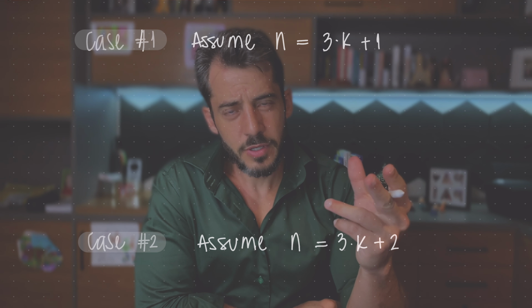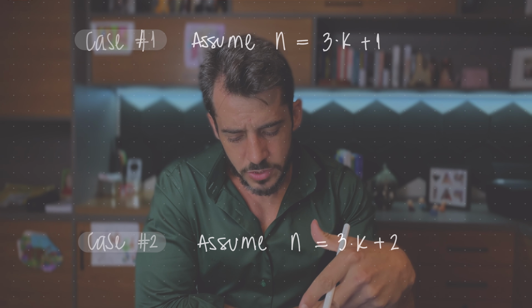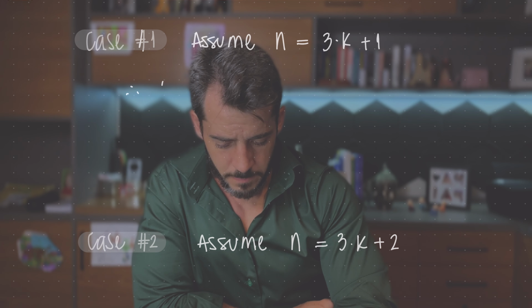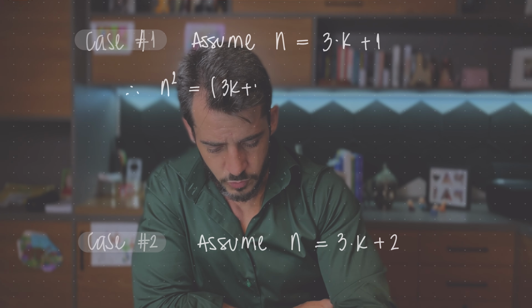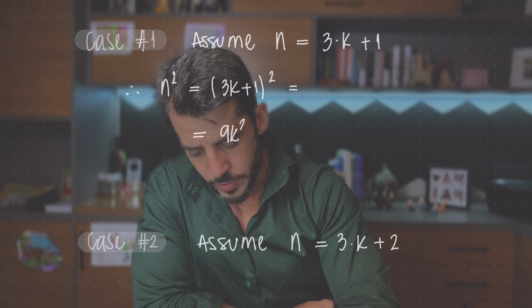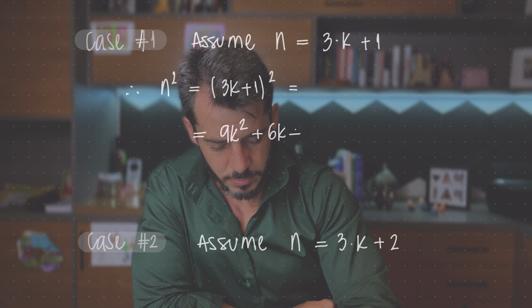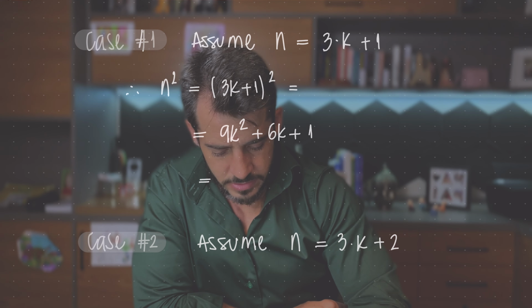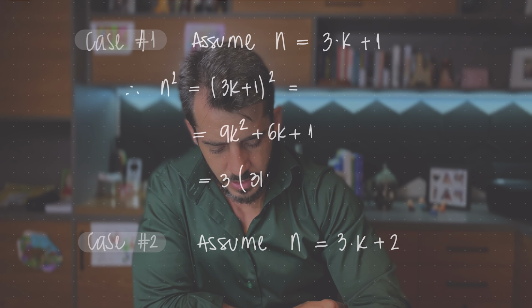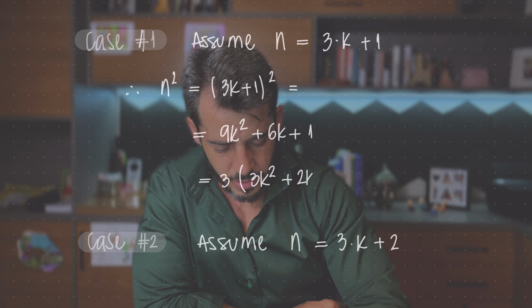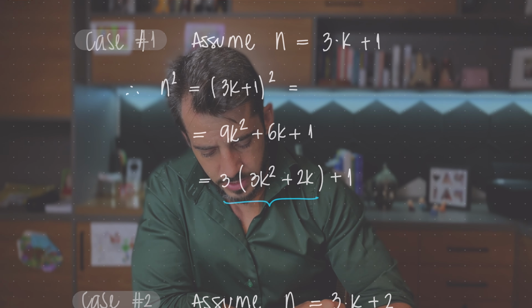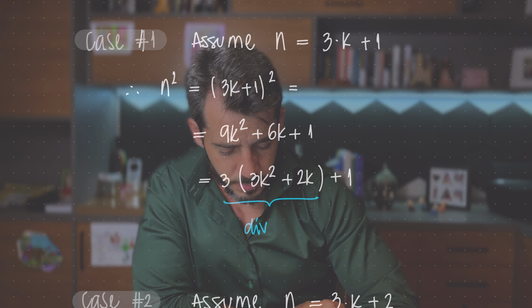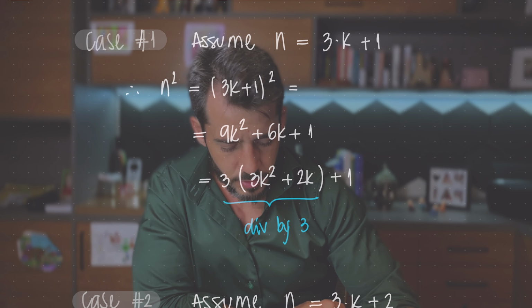Considering scenario number 1, if n is 3k plus 1, that means that n squared is (3k plus 1) squared, which is 9k squared plus 6k plus 1, which is 3 times (3k squared plus 2k) plus 1. Now, this portion right here is indeed a multiple of 3.